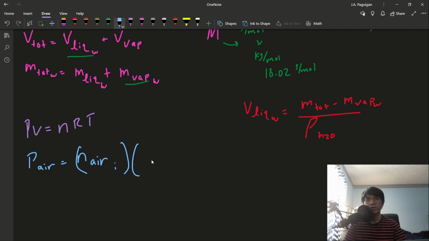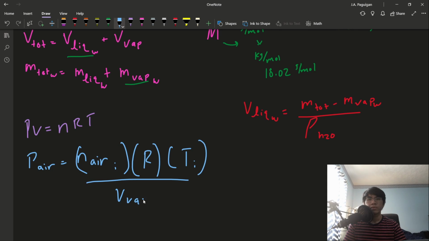And I'll talk about that in just a little bit, but we're just going to keep on writing this as why we use the initial, but we'll just keep on writing it. Moles of air, I mean, it is the same, so I guess there is no reason. I'll just keep it for now so you can see how it goes across the entire equation. So moles of air times the universal gas constant times temperature initial as well, because we're going to be using initial, and then over volume of the vapor phase.